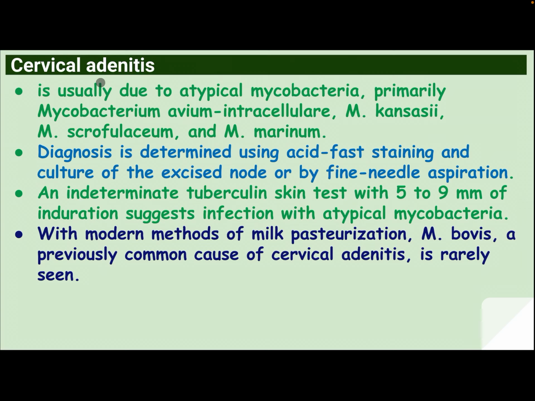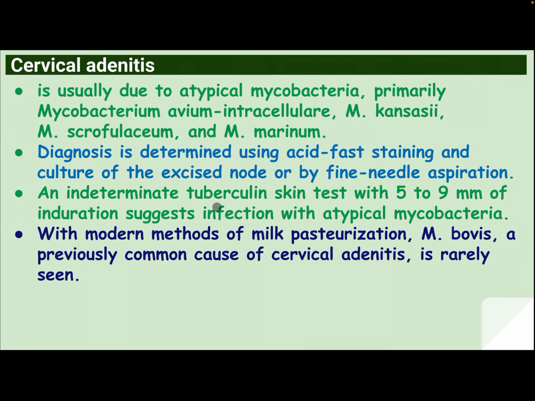Cervical adenitis is usually due to atypical mycobacteria, primarily Mycobacterium avium intracellulare, Mycobacterium kansasii, Mycobacterium scrofulaceum, Mycobacterium marinum. Diagnosis is determined using acid-fast stain and culture of the excised node or by fine needle aspiration.